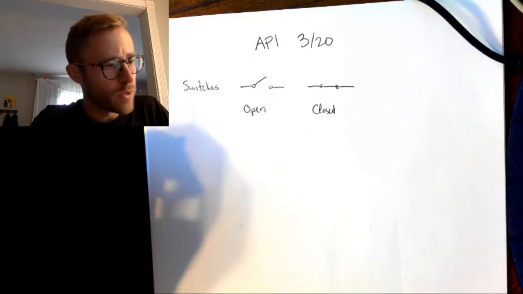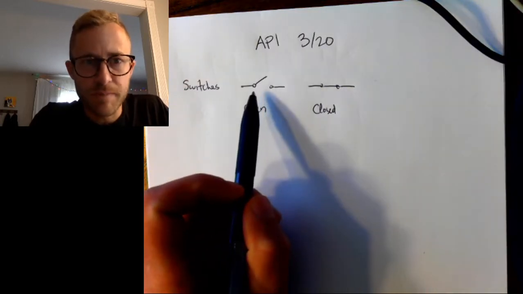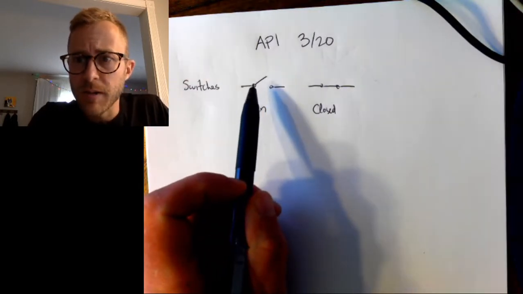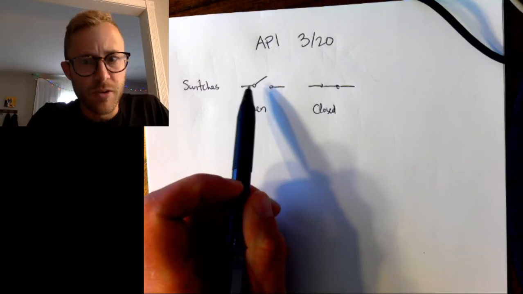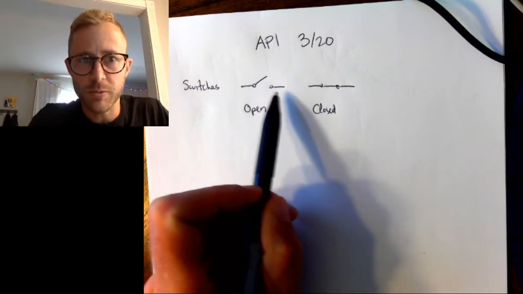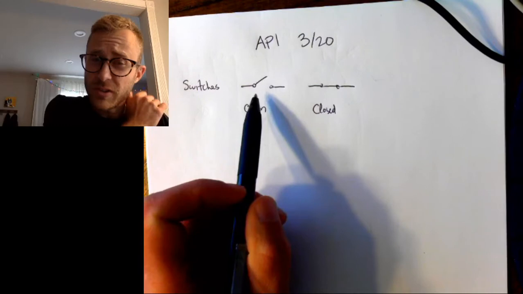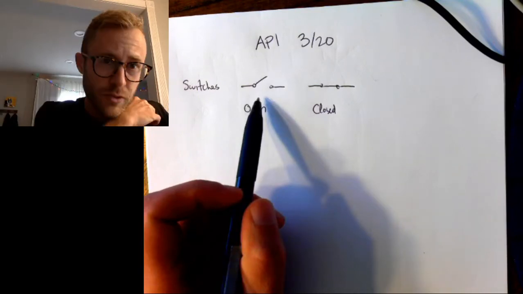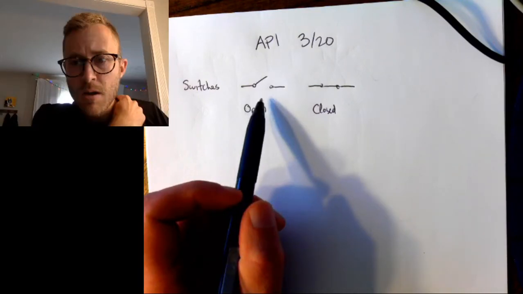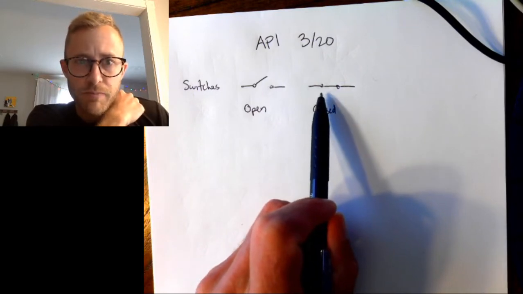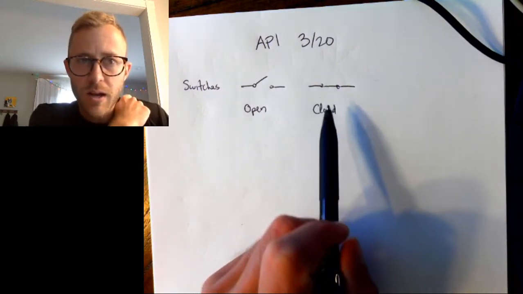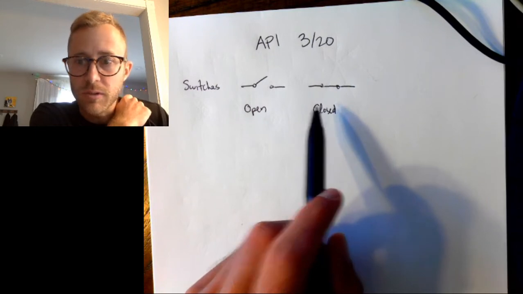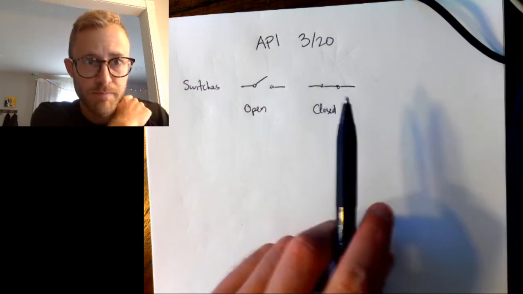Okay, so when a switch is in the open position, basically no electric current can flow through the switch. So you could almost think about it as having an infinite resistance. Okay. When the switch is closed, it's basically the same thing as a wire. So current can flow through it freely. All right.